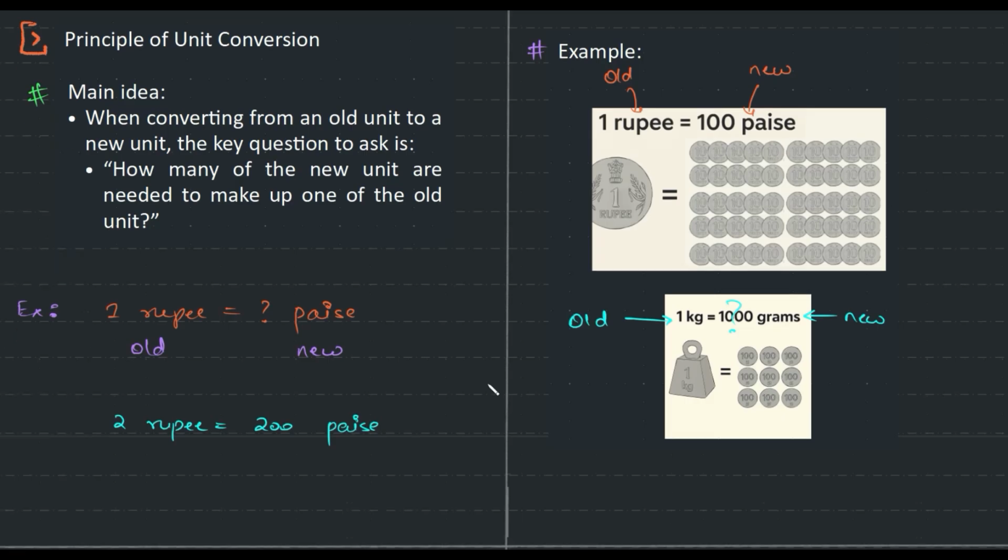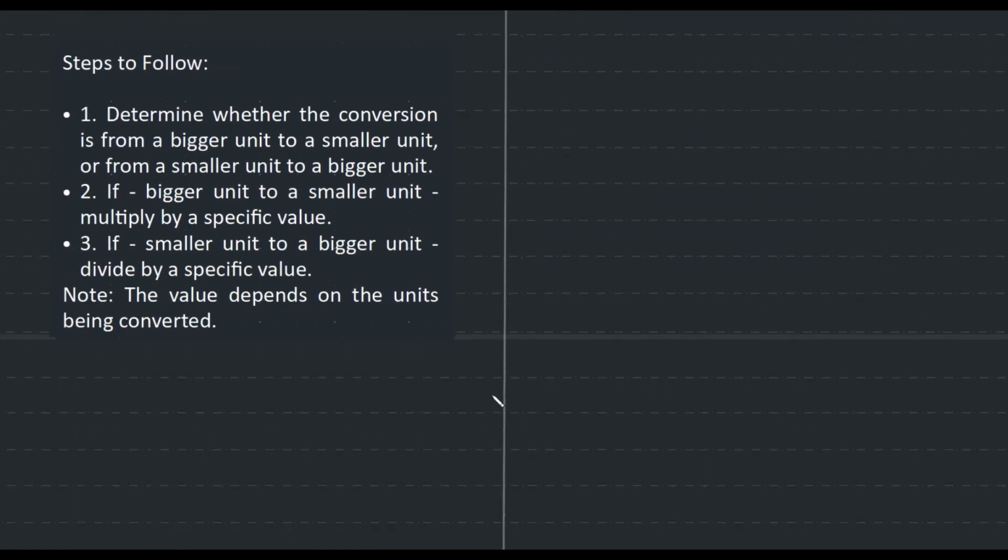So the steps that we need to follow: determine whether the conversion is from a bigger unit to a smaller unit, or the case wherein the old is smaller and the new is bigger.